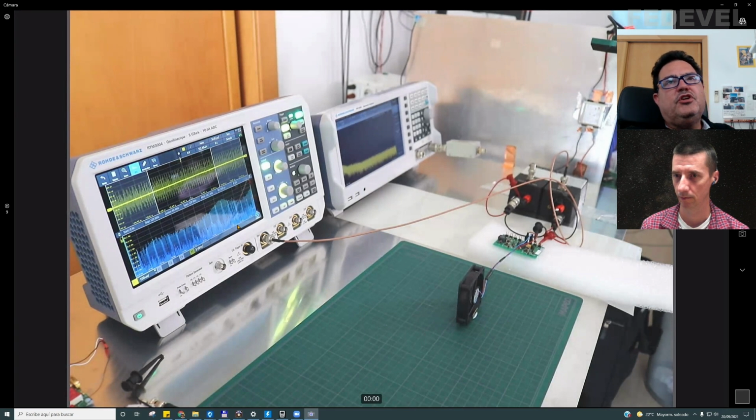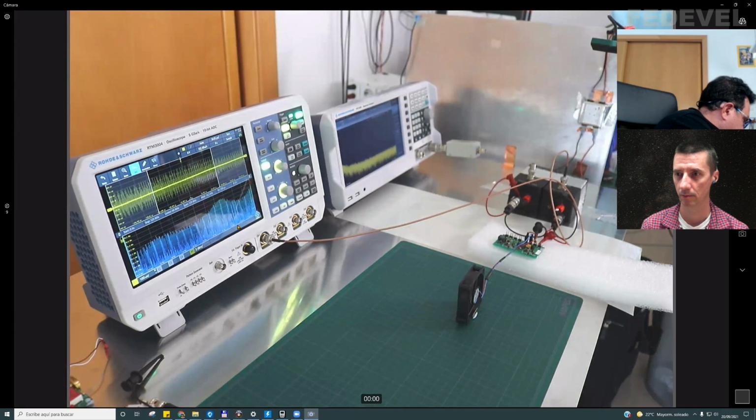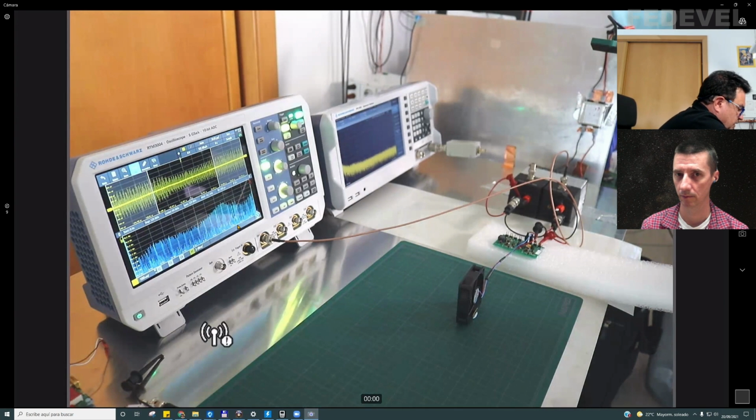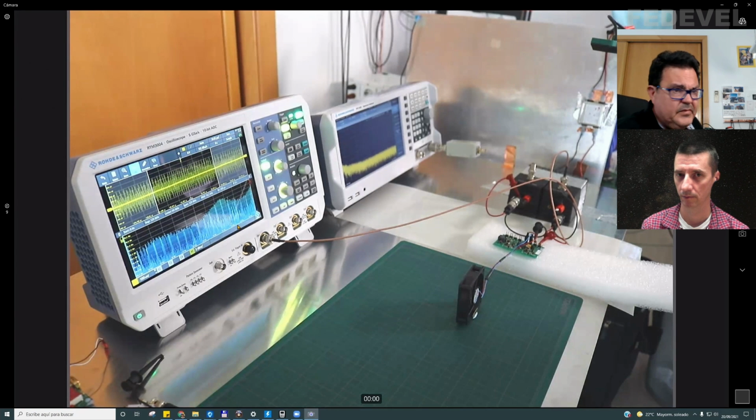Or if you don't have a 50 ohms oscilloscope like this one, you can put a T. Let me see if I find something like this. Let me show you. Something like this. With the camera, you can see.